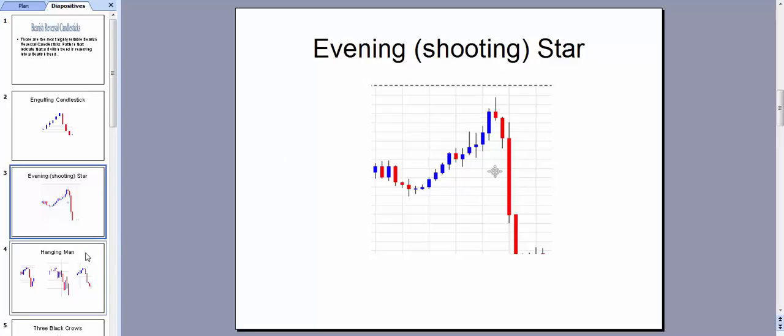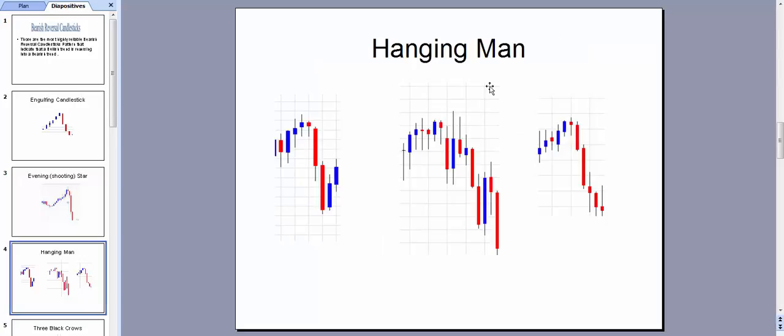We move on to another one, which is a similar candle but to the opposite side. It is the hanging man candle pattern, and let me show it to you. This is the hanging man. I have collected three different shapes for the hanging man. When you see this, you see a small body, a short tail to the upside, and a long shadow, let's say double the body.